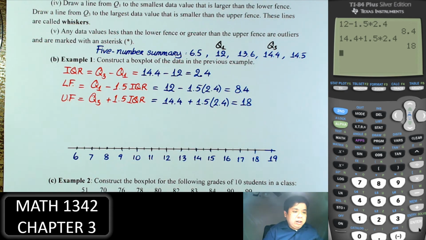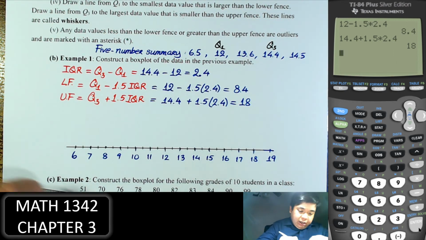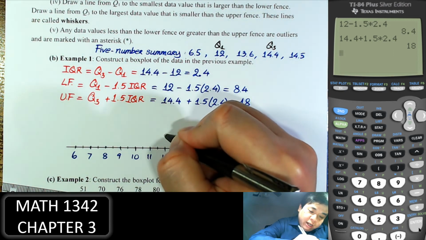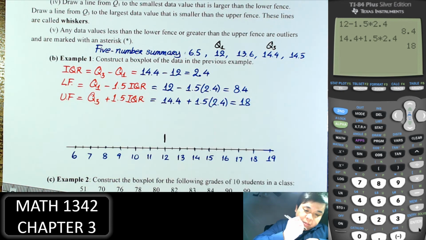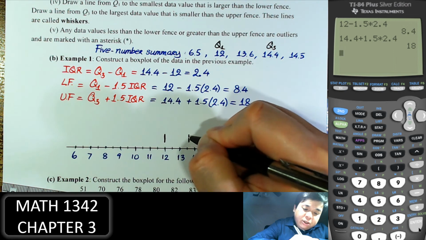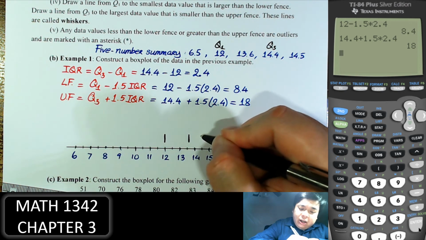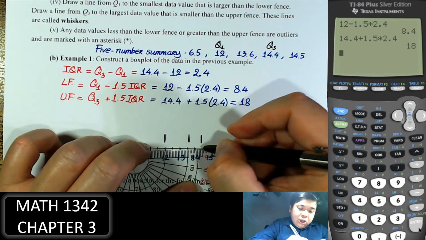Right, now first we write the three numbers in the middle: 12, 13.6 and 14.4. 12, draw the vertical line there for 12. 13.6, a little more than 13.5, and 14.4, a little less than 14.5. So we draw the box.